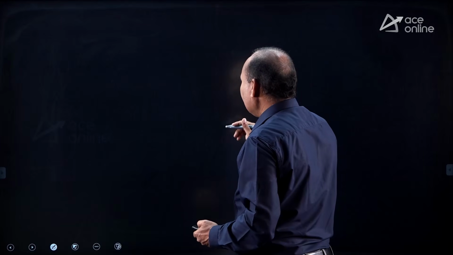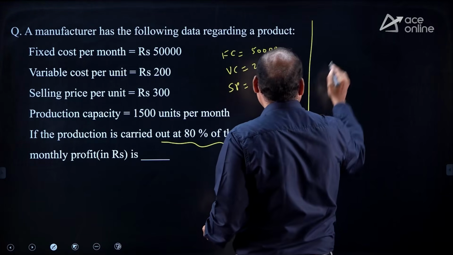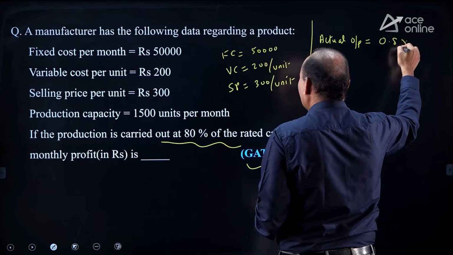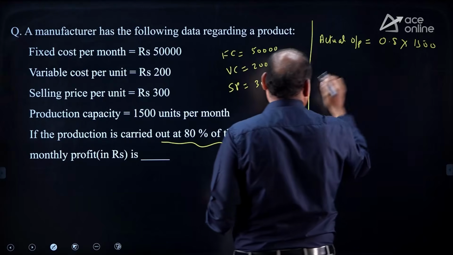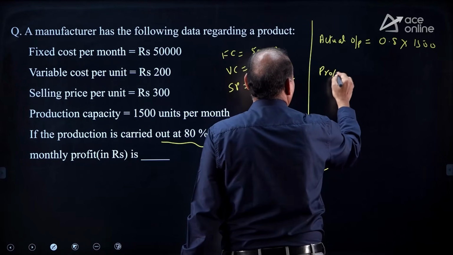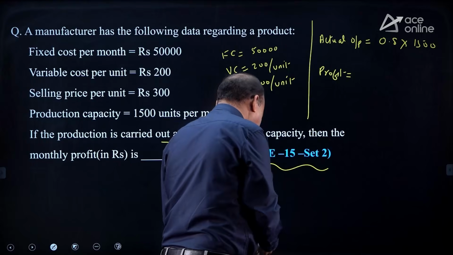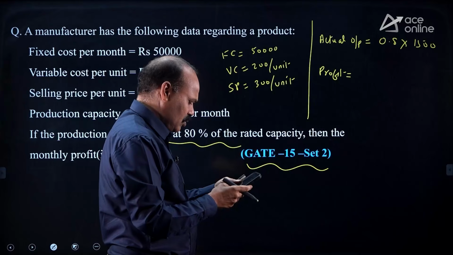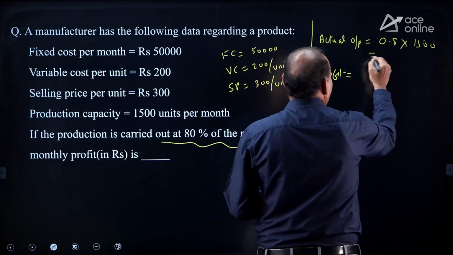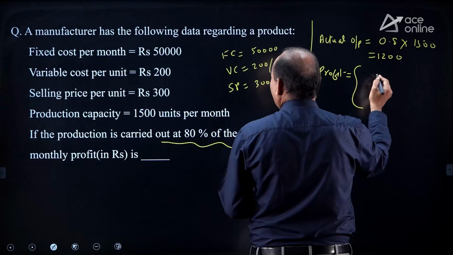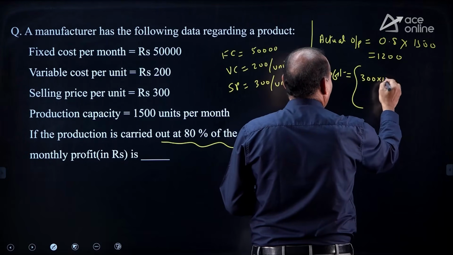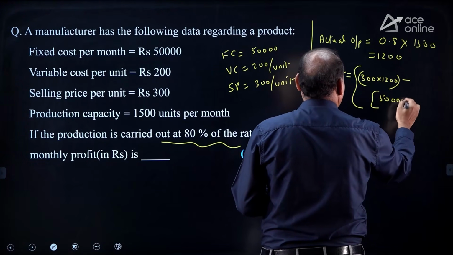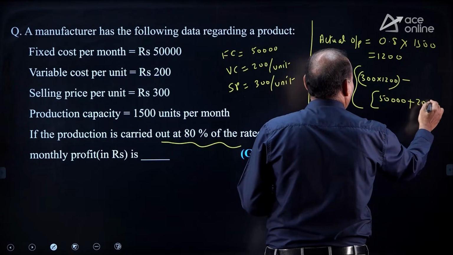And what about the answer for this question? Actual output is 0.8 into 1500, which is 1200. Profit is equal to 300 into 1200 minus 50,000 plus 200 into 1200.